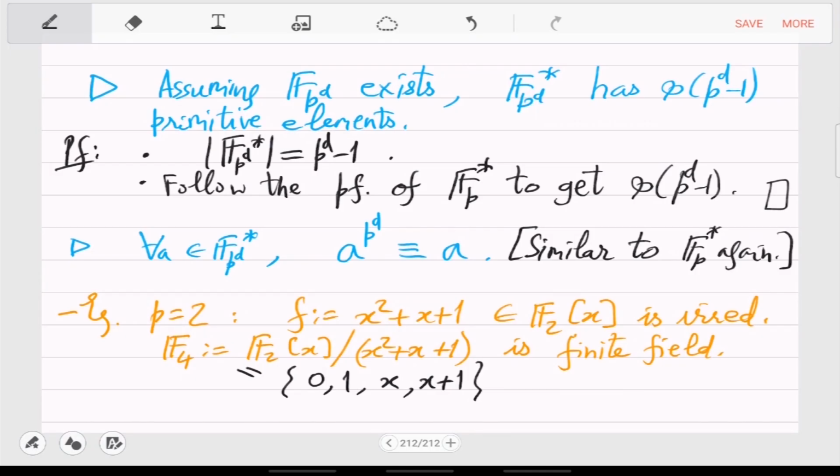Multiplication has this interesting thing that x times x plus 1 is what? x square plus x, which is 1. Which means that x and x plus 1 are inverses of each other. So this is x inverse and this is x plus 1 inverse. So you see the field explicitly.